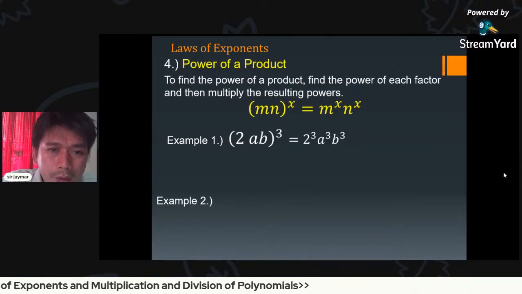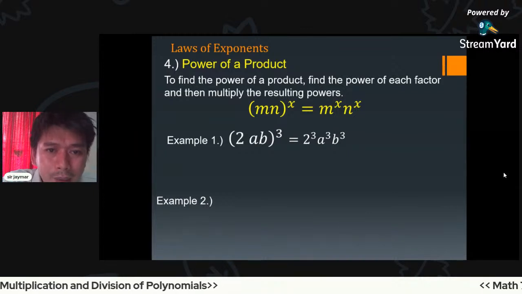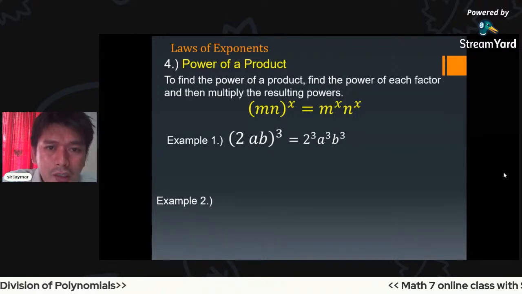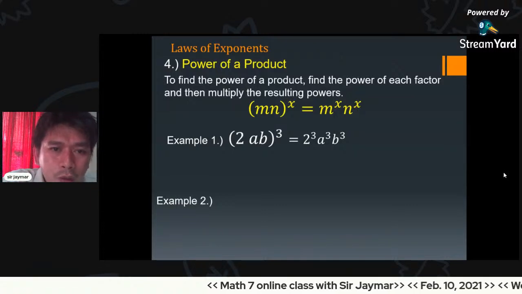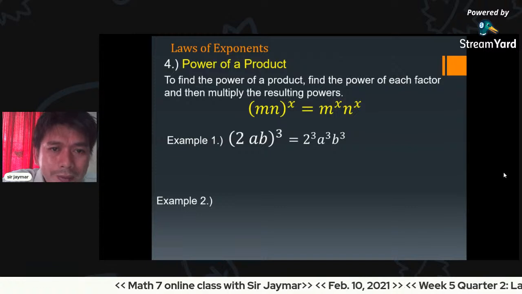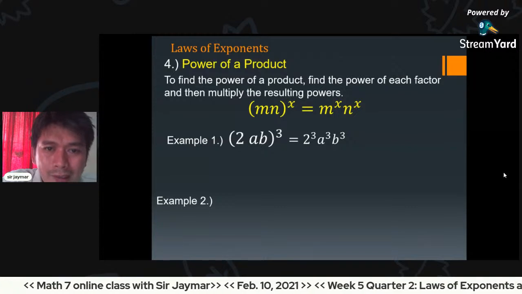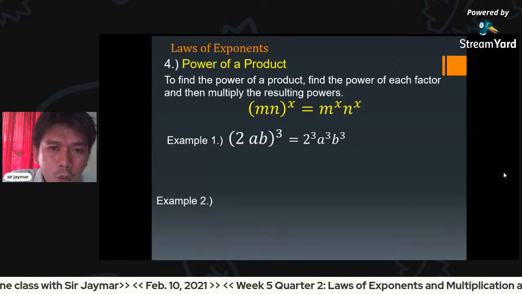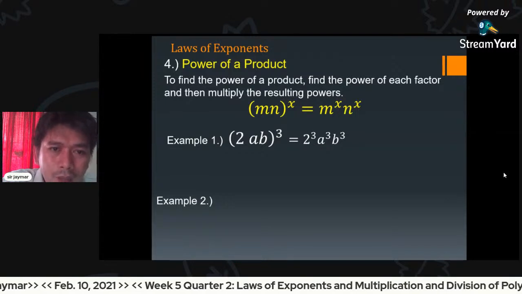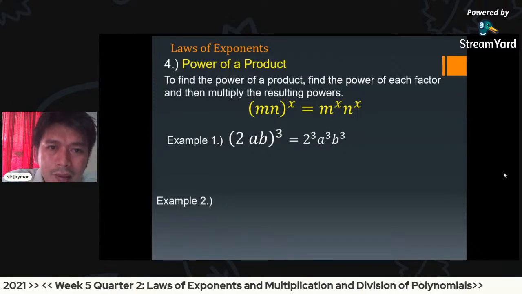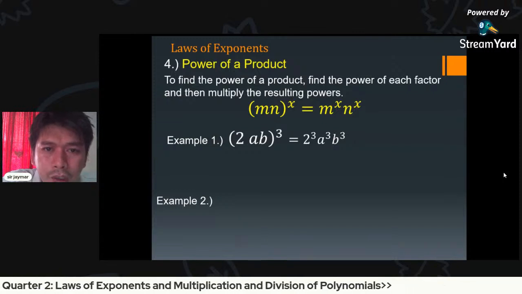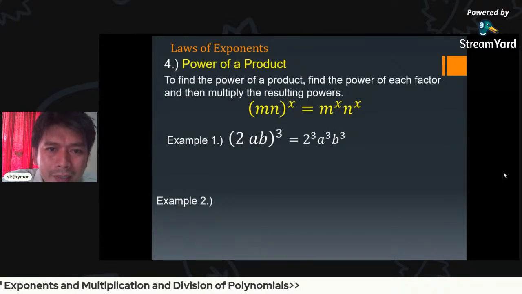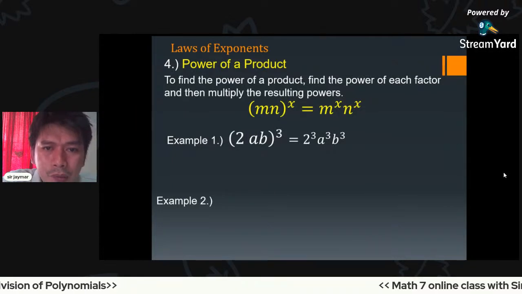So example 1. 2 times ab raised to 3 is equivalent to 2, whose exponent is 1, multiplied by the outside exponent 3, so 2 cubed. For a, you have the exponent 1, then 1 times 3 will become 3. For b, it has the exponent 1, then 1 times 3 will become 3.